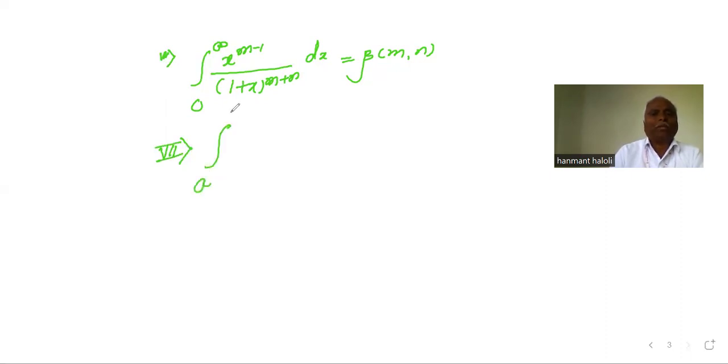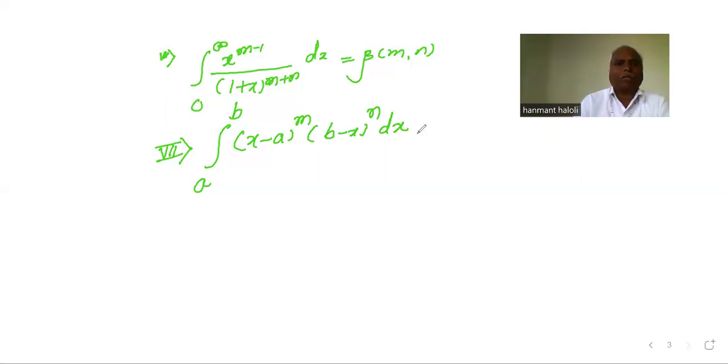Integral a to b, a general interval, of x minus a raised to m into b minus x raised to n dx is equal to b minus a, these two numerical values a and b, raised to m plus n plus 1 into beta of m plus 1 and n plus 1. This is an important formula, one more formula.